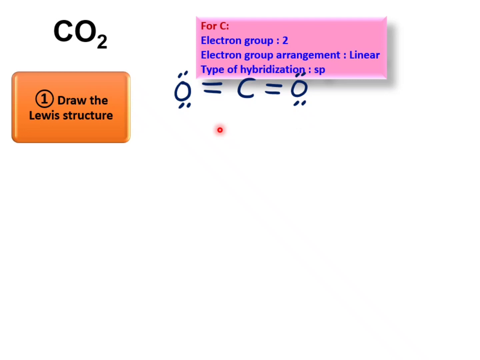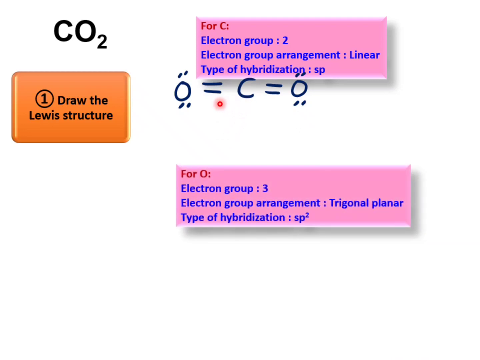While for the oxygen, both oxygens here, there are 3 electron groups. Why? Because it has one double bond and 2 lone pairs. And the electron group arrangement is trigonal planar. The type of hybridization is sp2 because of 3 electron groups.